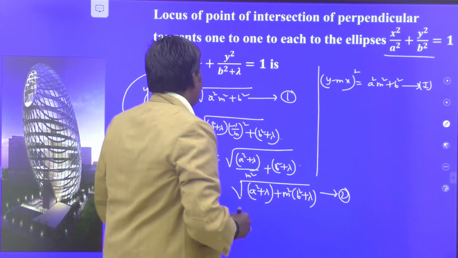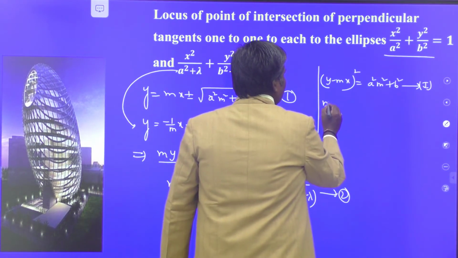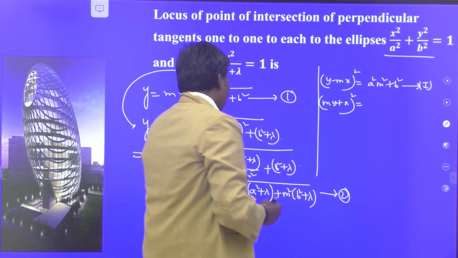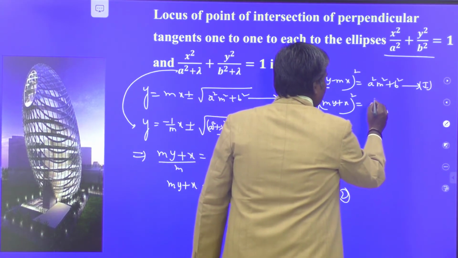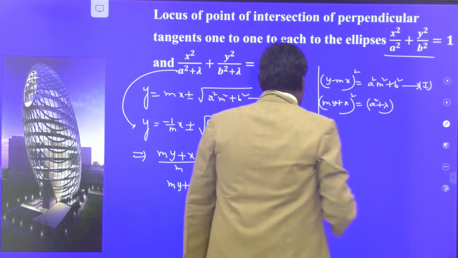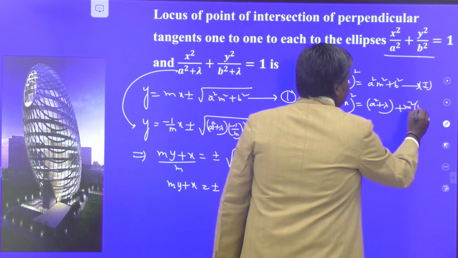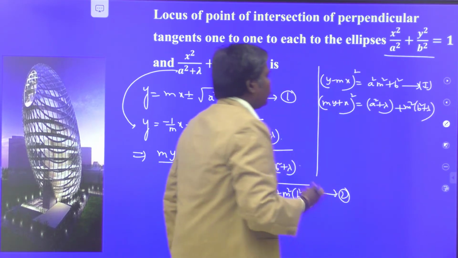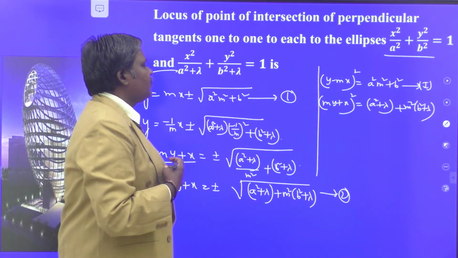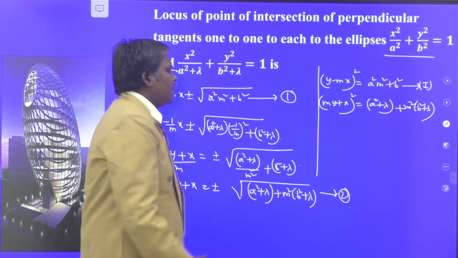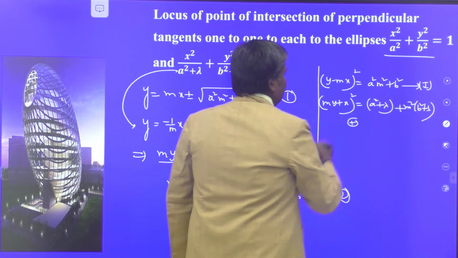Squaring this one also, my plus x whole square is equal to a square plus lambda plus m square into b square plus lambda. These are the two conditions. From these two conditions, we have to eliminate m, just by adding these two equations.